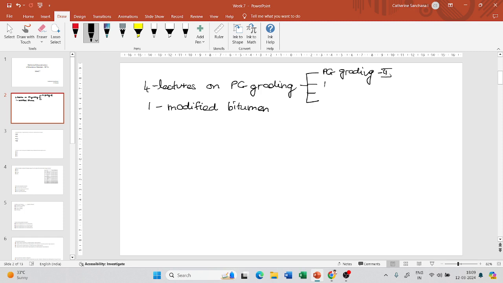Then the theoretical background to this PG grading, the criteria, how the parameters for the PG grading have been derived. Then one lecture on low temperature PG grading, and one on continuous grading.